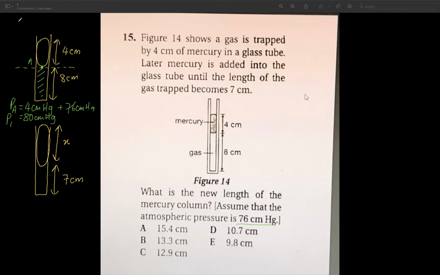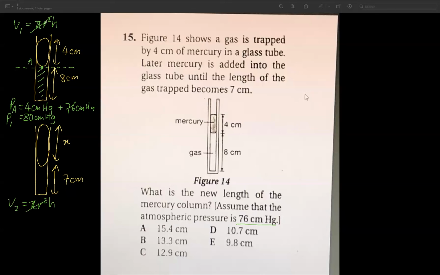Okay. So how about volume? V1. Because it is like a tube, right? So the tube looks like a cylinder. Volume of a cylinder is pi r square h. But because the tube is the same tube before and after, we can just cancel off the pi and the r square because we are using the same tube. V1 and V2, they both have pi r square h.